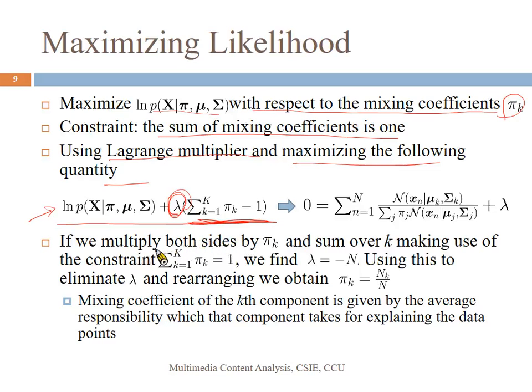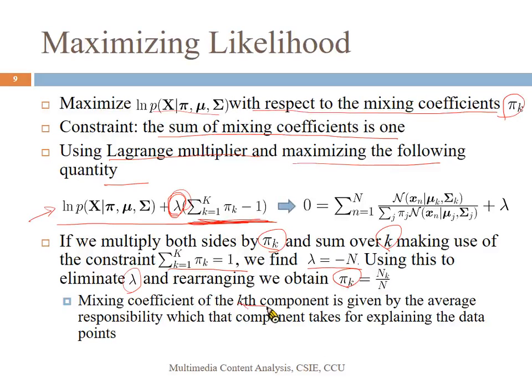Finally, we get the following conclusion. If we multiply both sides by pi_k and then sum over k, making use of the constraint, we find lambda is equal to minus N. Using this to eliminate lambda and rearranging, we can obtain pi_k is equal to N_k divided by N. So what does this mean?